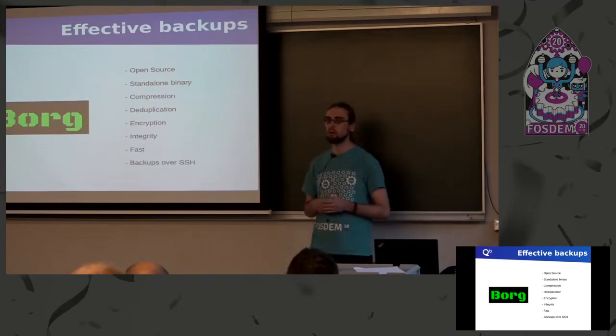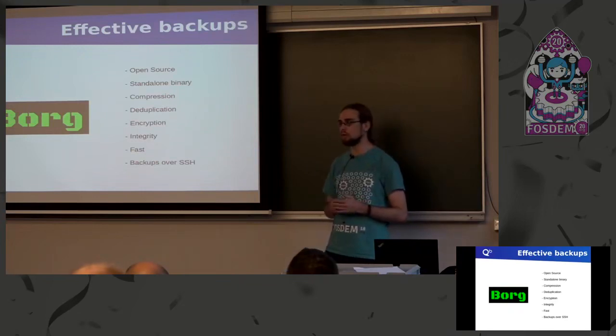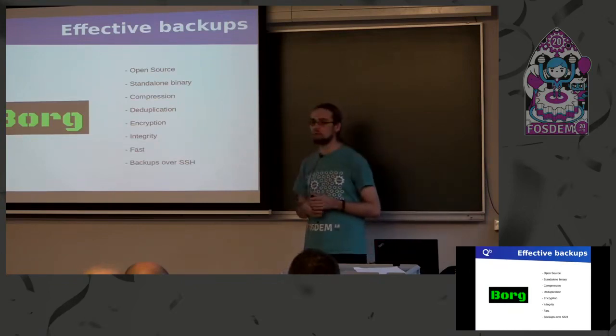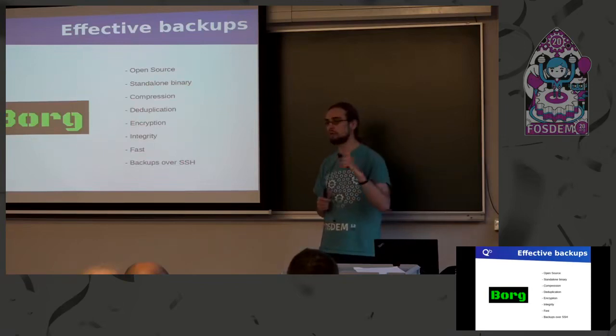Basically, it works at the block level of files. Instead of treating files individually, it treats data as blocks. In a file, you can have multiple blocks, and it does the deduplication across those blocks, not across the files themselves.